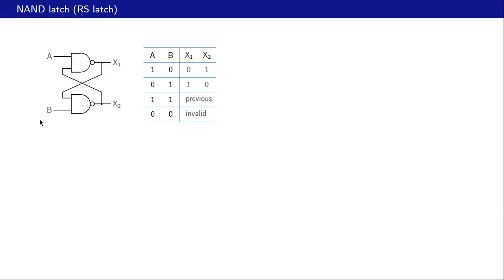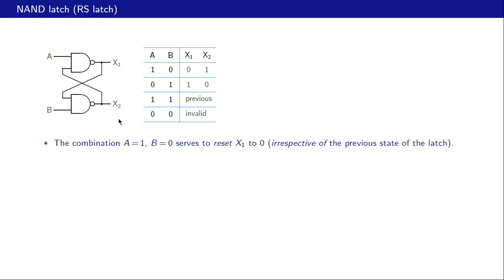Alright, now these names a, b, x1, x2 are not really used in practice. What we use in practice is some more meaningful names, and let us see what those are. And we start with some observations first. The combination a equal to 1, b equal to 0 serves to reset x1 equal to 0.